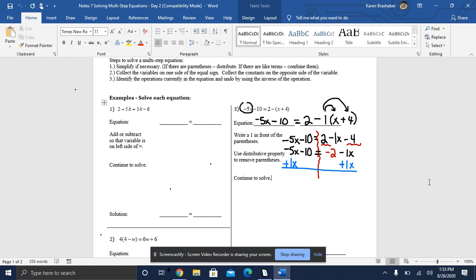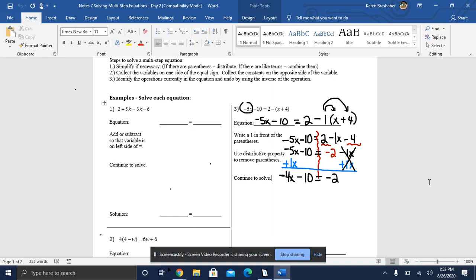And so when I combine those, negative 5x plus 1x will give me negative 4x. And then I have minus 10, my equal sign. Notice on this side, negative 1x plus 1x will cancel or zero out, and I'll still have this negative 2.